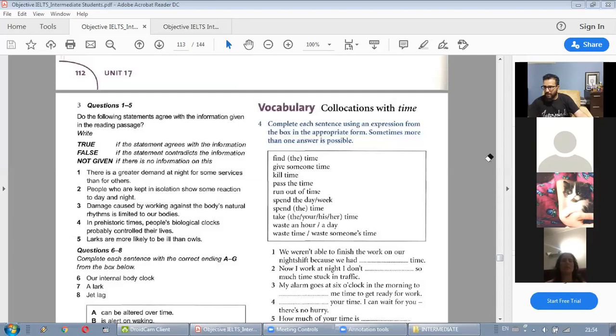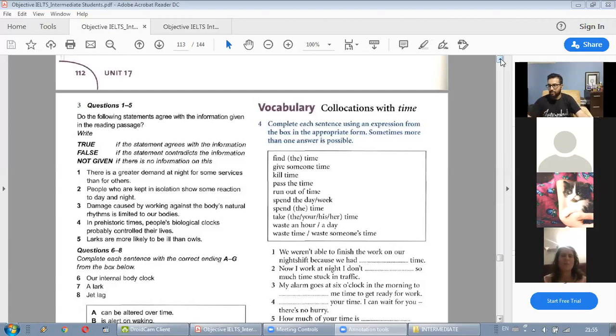So let me explain this task also for Elena. Elena, what we're doing here is a true, false, not given exercise. What we want to do is skim, but we've decided to skip skimming because it's a waste of time, at least for us.